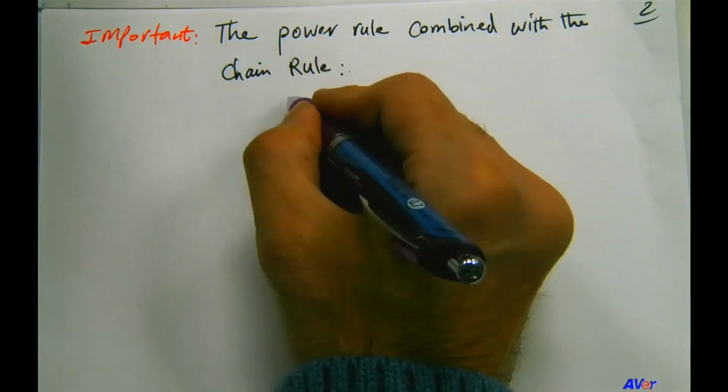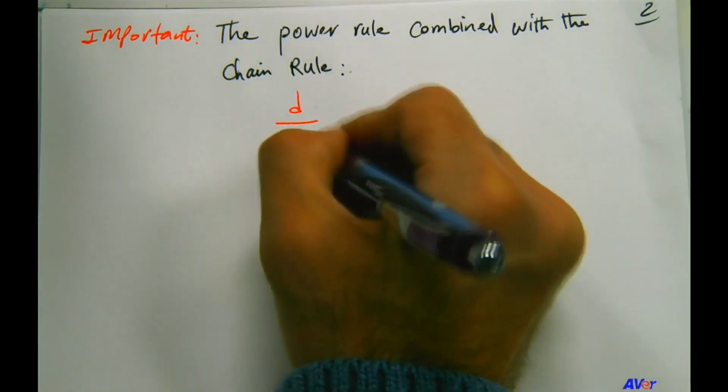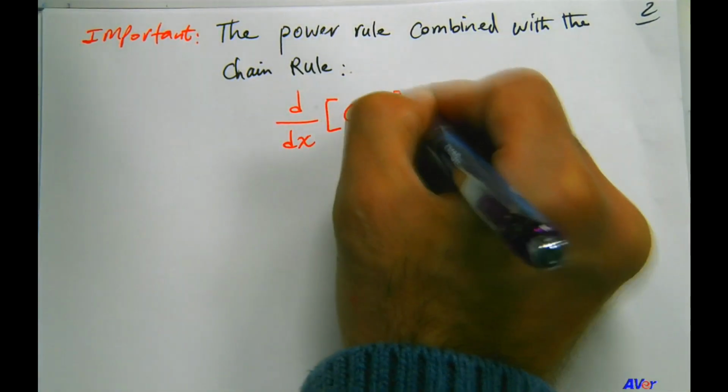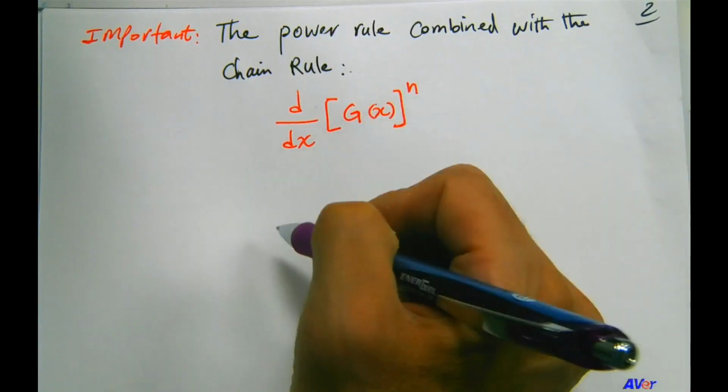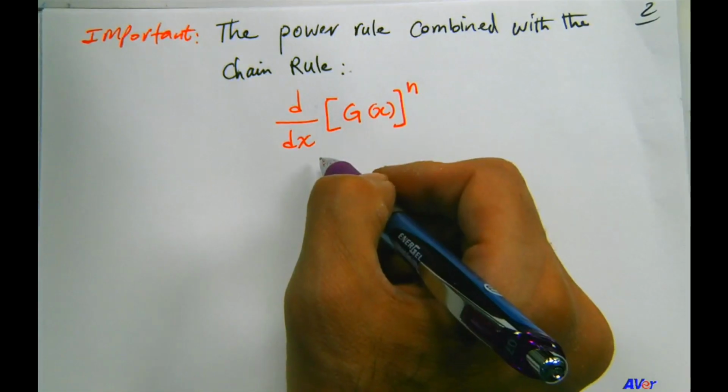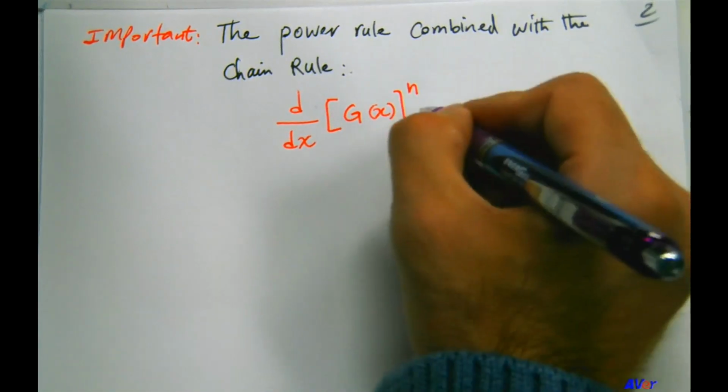So we have the derivative of, let's say, a function g of x that is raised to some power. Right? So what if the function has been raised to a power? And so what do we get?